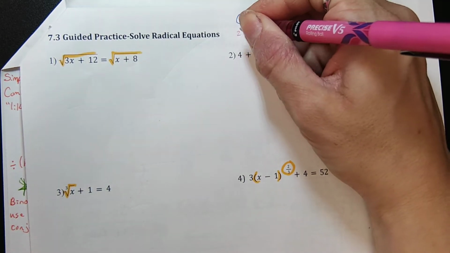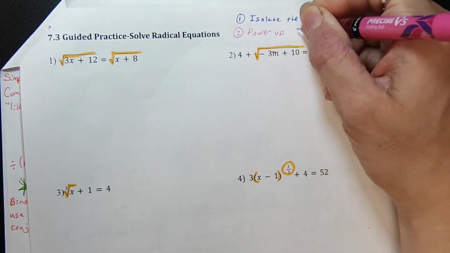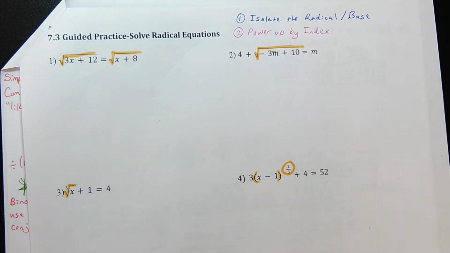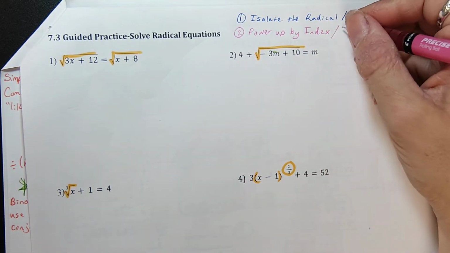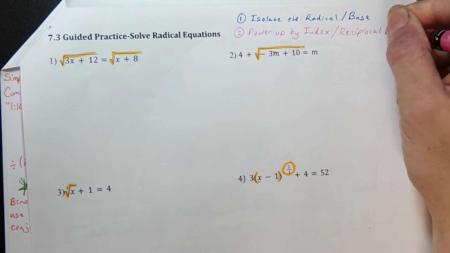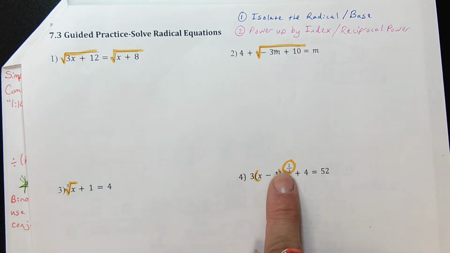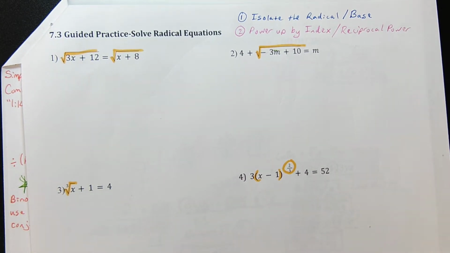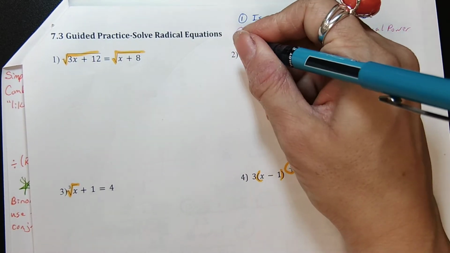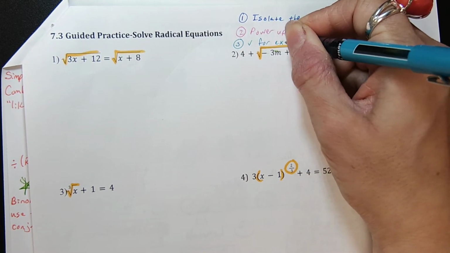And step 2 is to power up by the index if it's a radical, and by the reciprocal power if we are dealing with a base raised to a fractional exponent. So those are only 2 main steps, but then our third step is we must check for extraneous solutions.